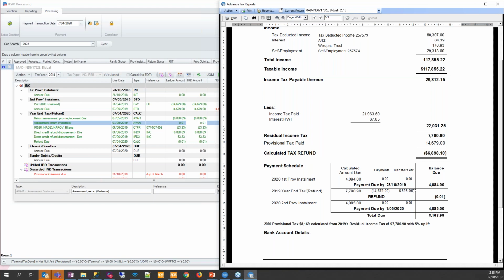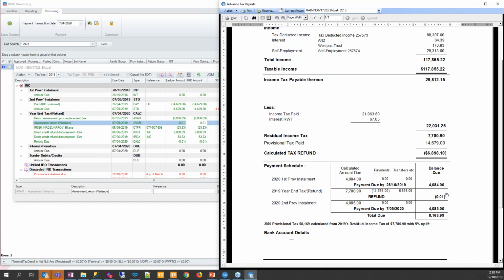So the point is that this whole row is now effectively a full year figure, rather than the RIT less the provisional tax figure that was reflected in the return. Remembering that the figure showing in the return is a moment in time, just at the time the return was prepared, whereas this now reflects the current state of the ledger, and it's a full year to date figure.